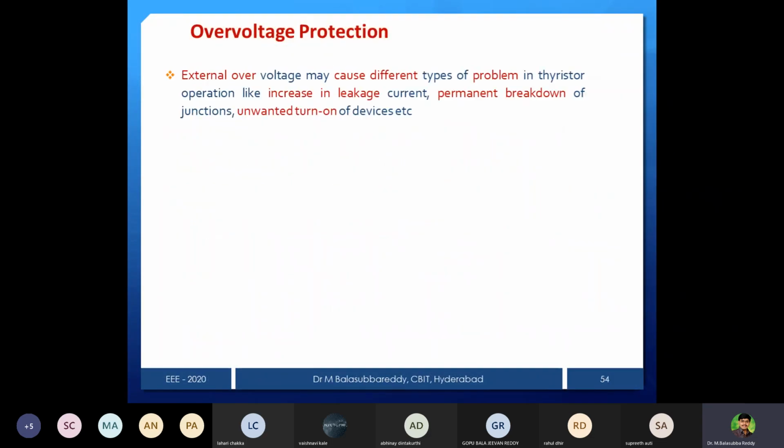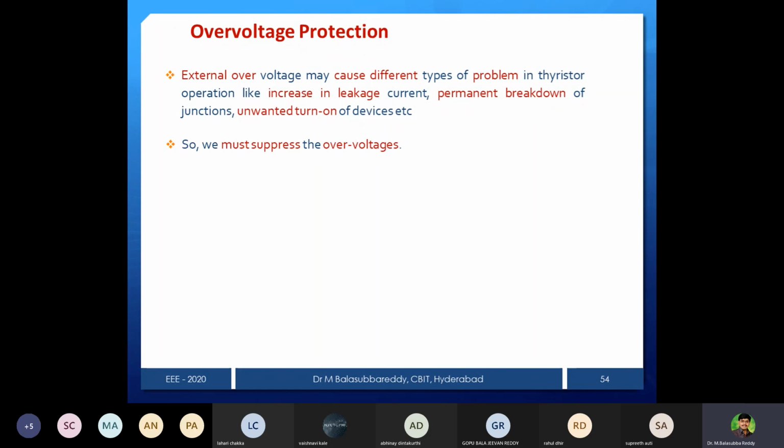The external over voltage might cause different types of problems in thyristor operation, like an increase in leakage current, then permanent breakdown of the junctions, and unwanted turn on of the devices. So these problems will happen.